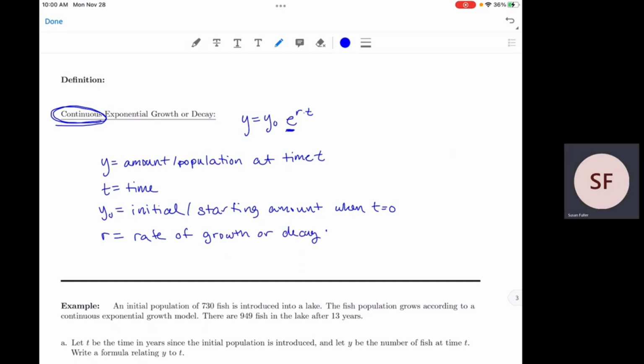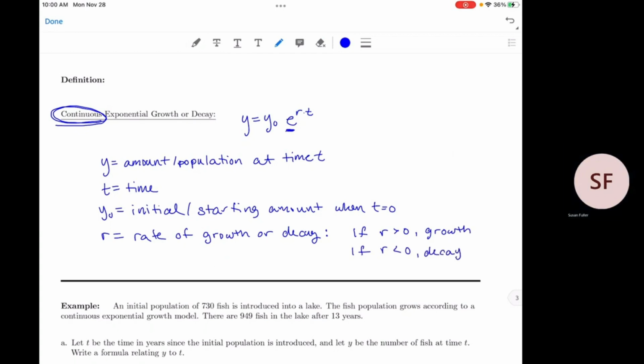To tell whether it's growth or decay, if our R value is greater than 0, if it's positive, we're working with growth. And if our R value is negative, we're dealing with decay. The reason for this being positive or negative versus greater than or less than 1 is because this time the exponent tells us whether we're dealing with growth or decay.